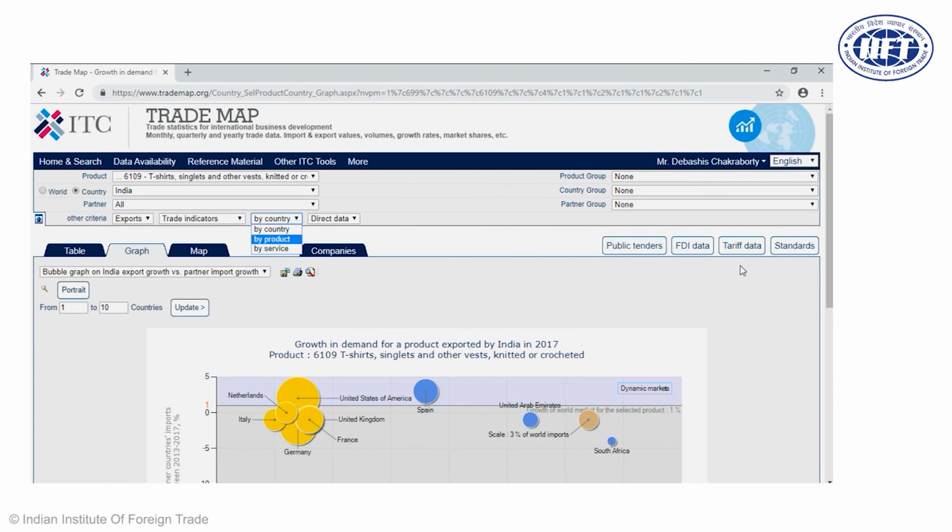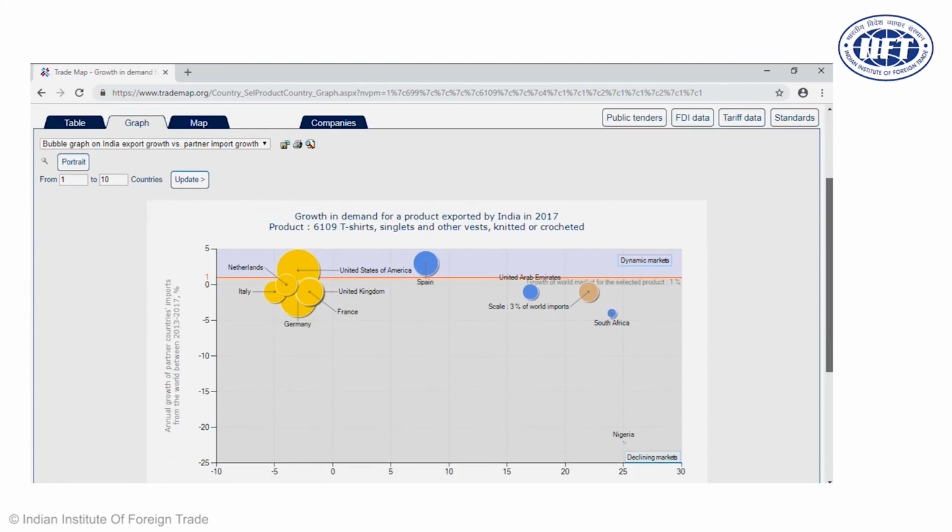So here, after going to 6109, we can see there is a red line which shows the world growth rate in the category. So we can define a market as dynamic or declining from that.